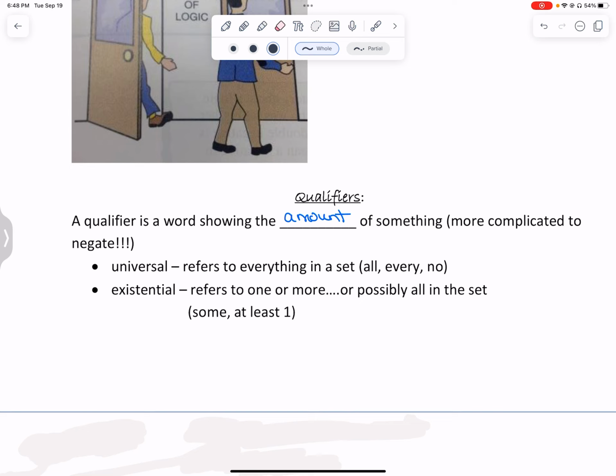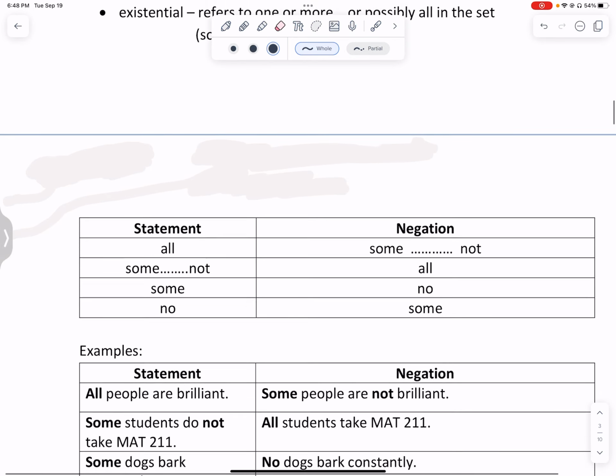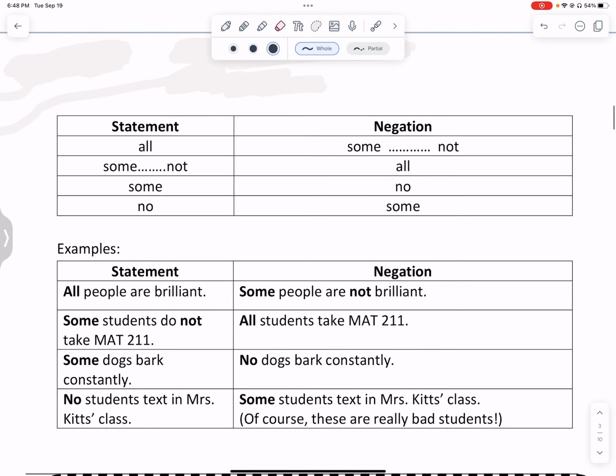Okay. Existential refers to one or more or possibly all of the set. So that would be some. Some people don't like pumpkins, or at least one person likes lattes. Okay. So here are some statements and their negation.